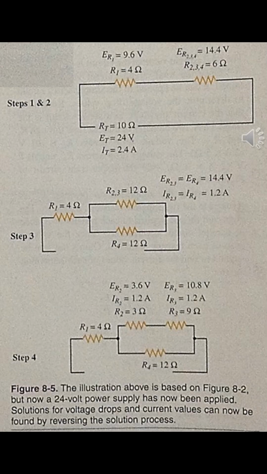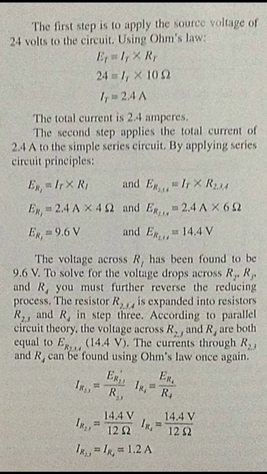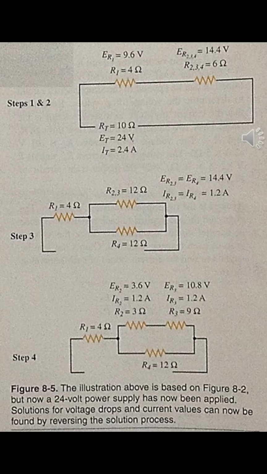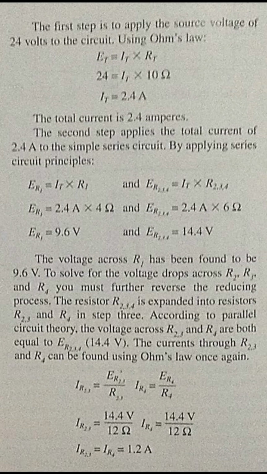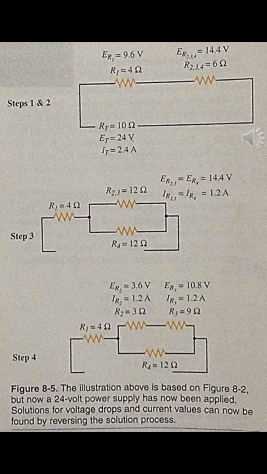To solve for the voltage drops across R2, R3, and R4, you must further reverse the reducing process. The resistor R234 is expanded into resistors R23 and R4 in step 3. According to parallel circuit theory, the voltage across R23 and R4 are both equal to ER234, or 14.4 volts. The currents through R23 and R4 can be found using Ohm's law once again.